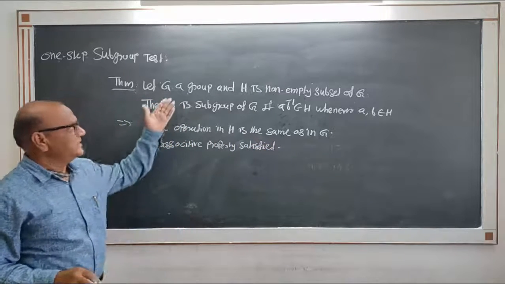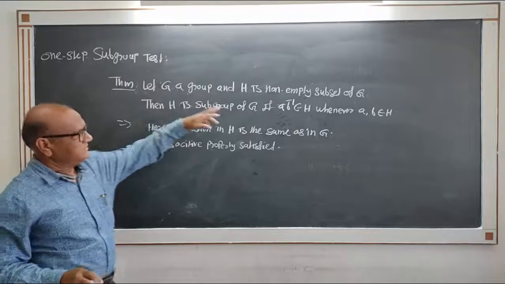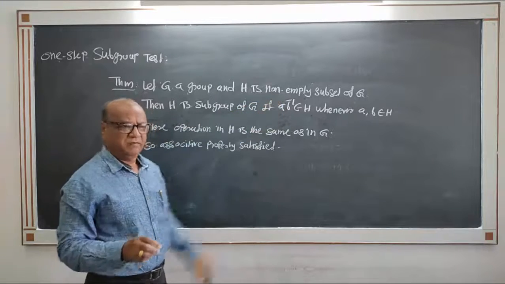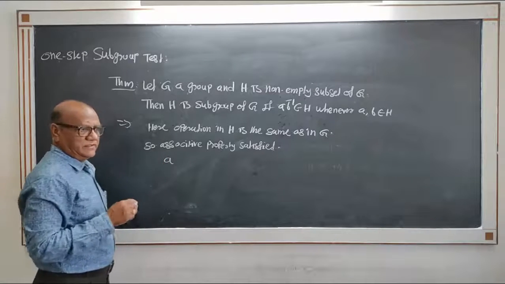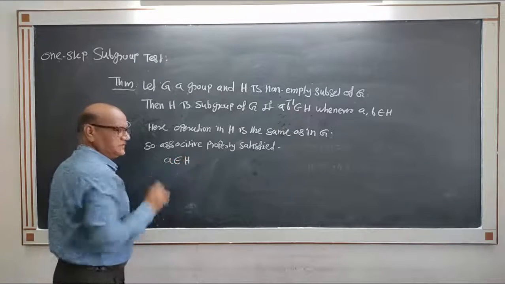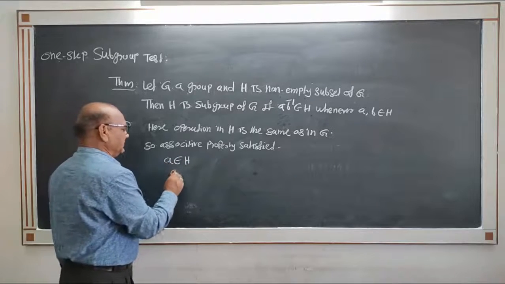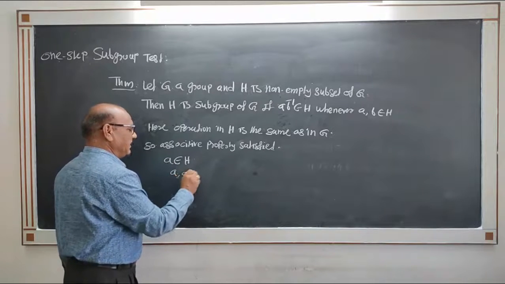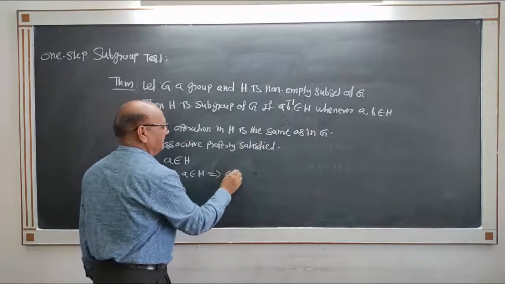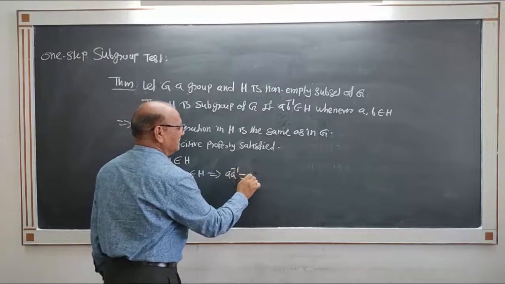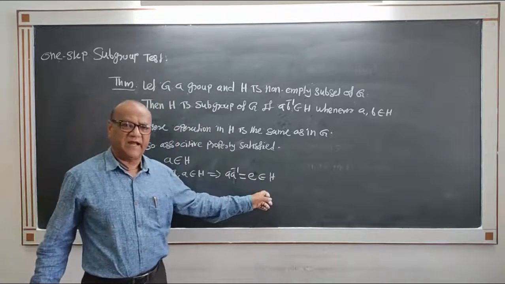Now, H is a non-empty subset, therefore A belongs to H. If you take A, again A belongs to H, which implies by this property that A A inverse, which is equal to E, belongs to H. This gives the existence of an identity.